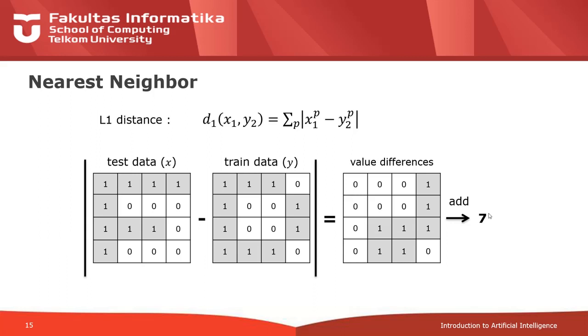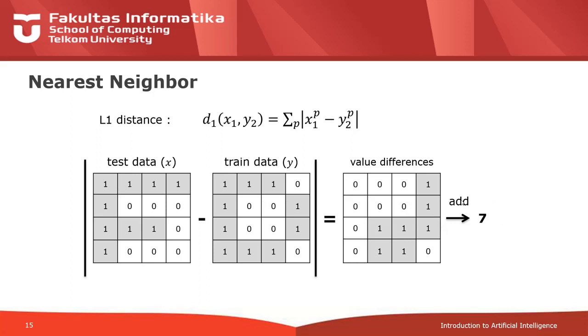What if we are using L1 distance? The basic operation is the same. You need to do the value differences, but now instead of doing the square, you just add all of them together, using absolute values, so no negative sign here, just positive sign.